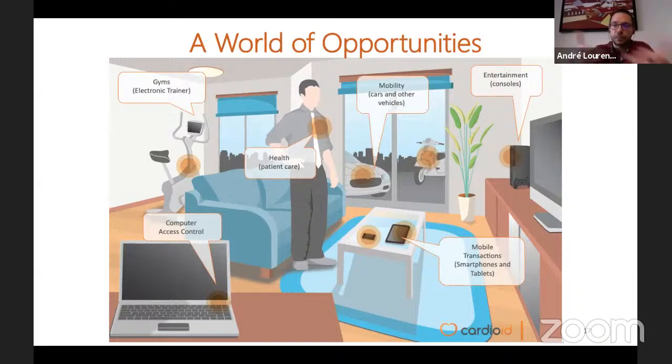we can detect the emotions of the person, and of course in gyms and in fitness, where we can, for example, create electronic coaches based on ECG. We can detect whether the user is interacting with the machine.